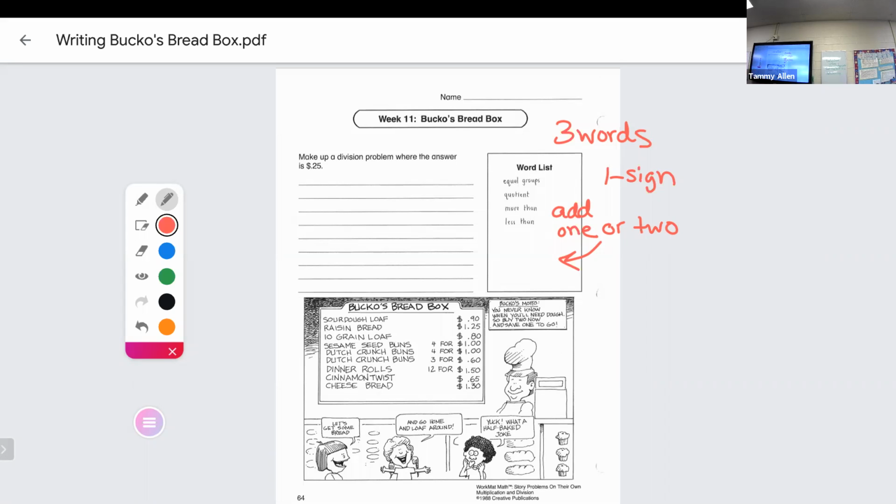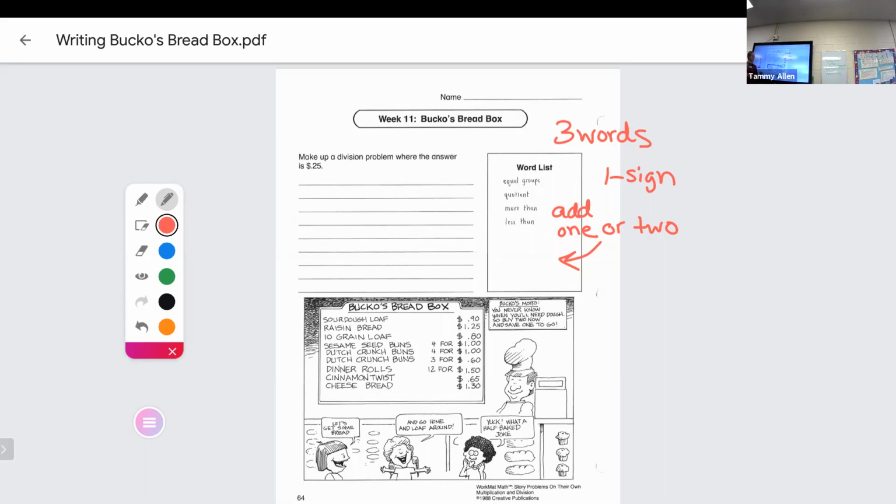We just keep upping the ante a little bit on these problems, right? So in essence, you might be making two of your three words yourself, although one of them is coming from here. Does that make sense?